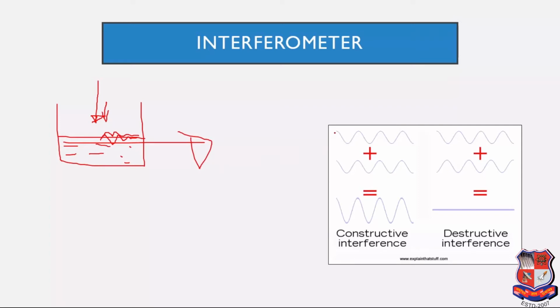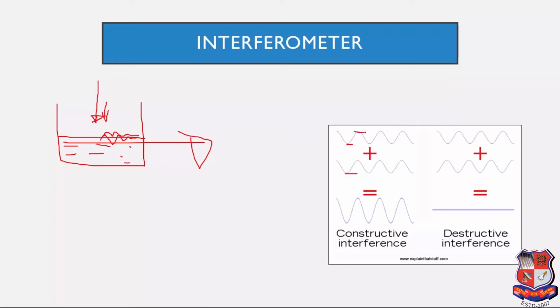When one wave is generated, and after that we drop another stone, at the same time it creates another wave. So if the first wave has a valley and at the same time the second wave has a valley, an interference is generated between the two waves. It creates a constructive interference.